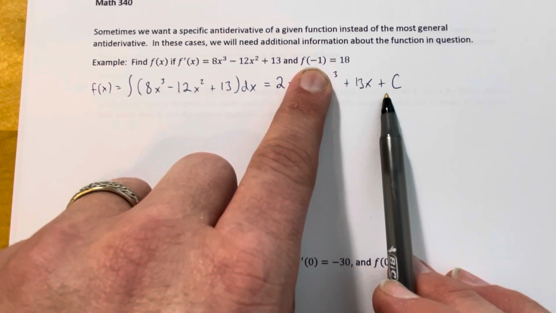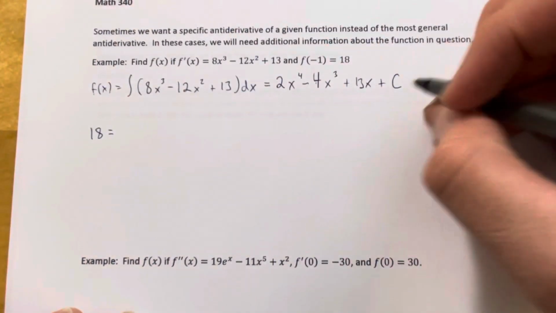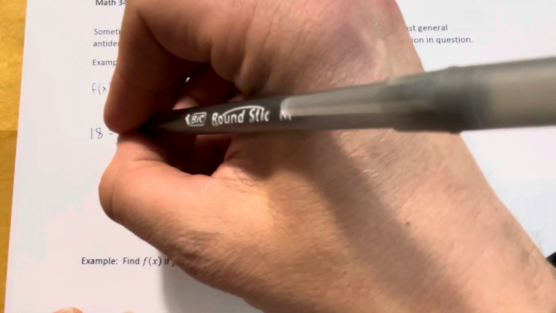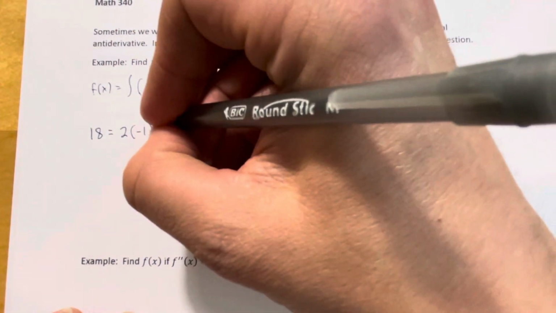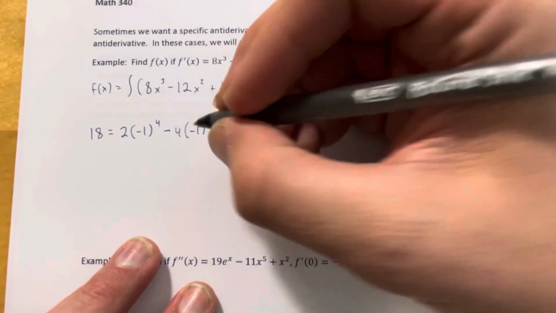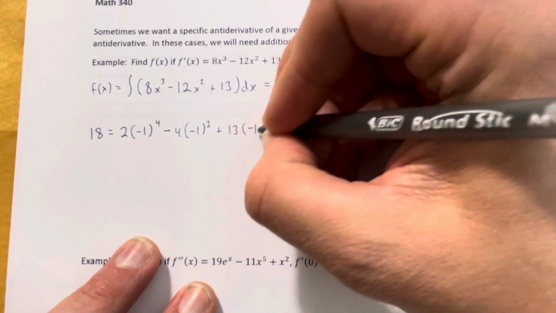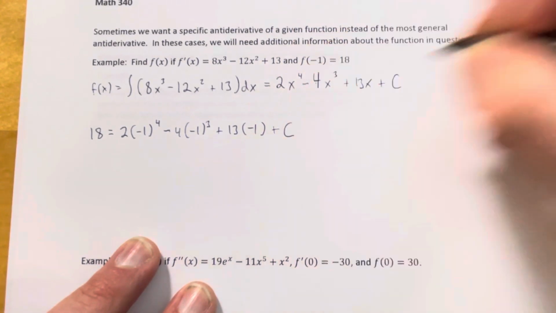Now let's plug in negative 1 and set that equal to 18. So 18 is equal to, plug negative 1 in here, 2 times negative 1 to the 4th power minus 4 times negative 1 cubed plus 13 times negative 1 plus c.